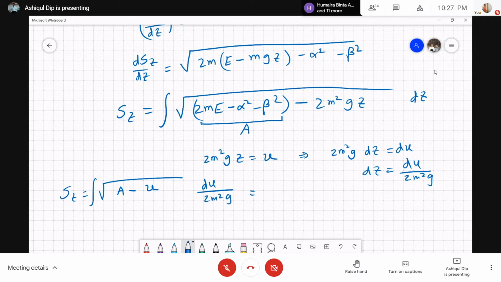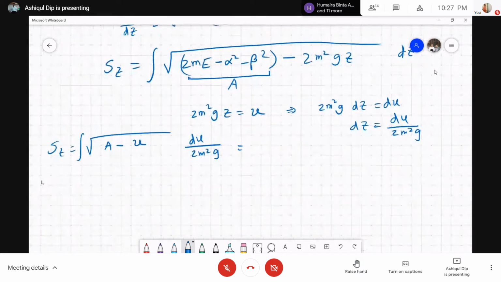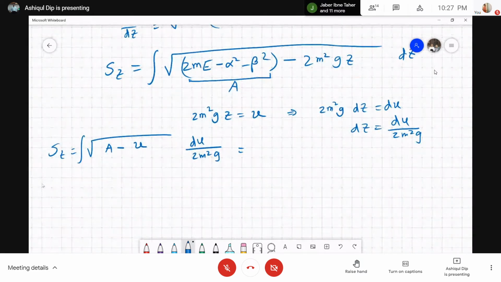So what's that? It will give us (A minus u) whole to the power 3/2, then divided by... I just proposed a different thing. The whole term, the constant A minus the z terms, I can define as a new variable. I have done it already, right?